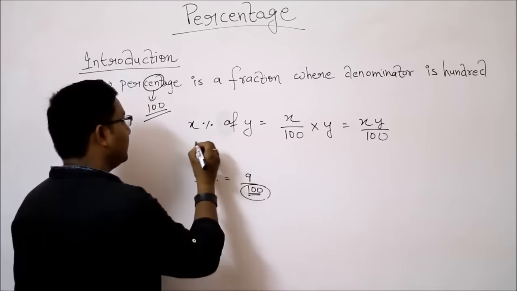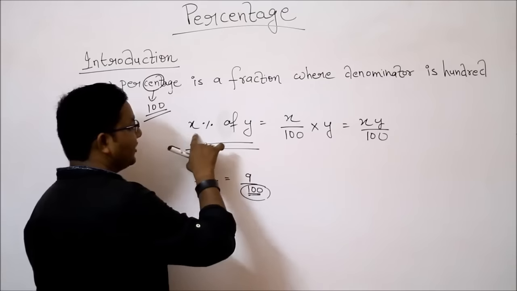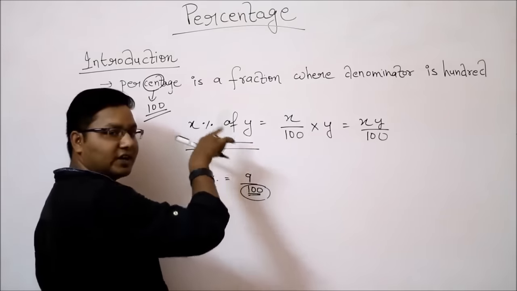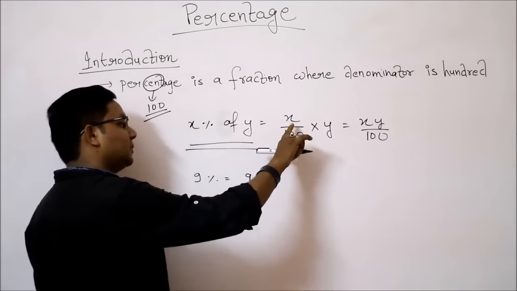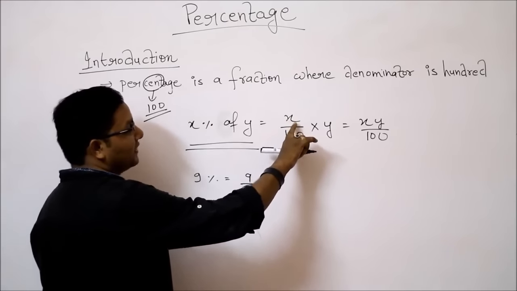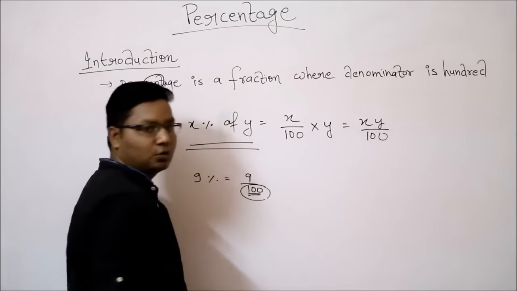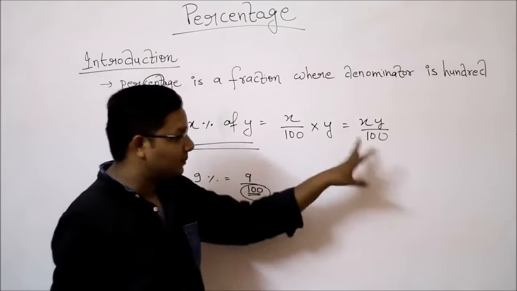The basic term of percentage is x percent of y. What is the meaning of x percent of y? It means x by 100 into y, that is xy by 100.